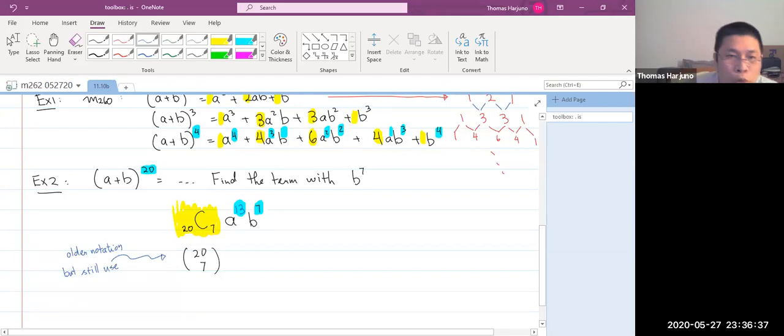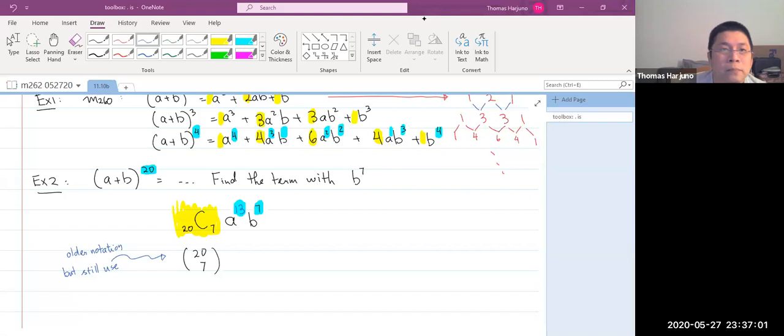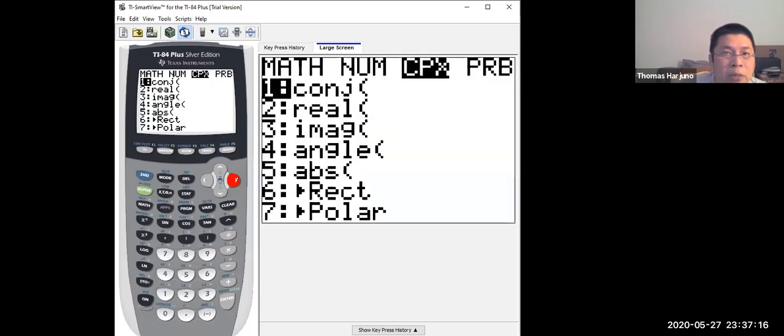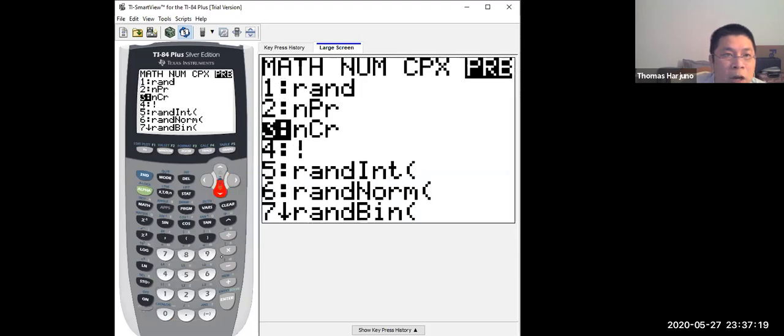If you want to compute 20 combination 7 using your calculator, you can do the following. Let me show you my calculator here. Suppose I want to compute 20 combination 7. I go to 20. Now for combination, I go to Math, PRB, nCr.